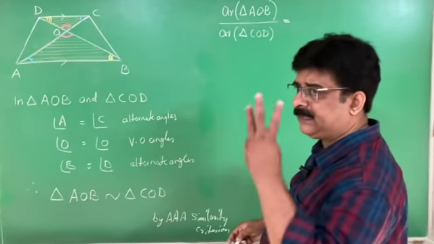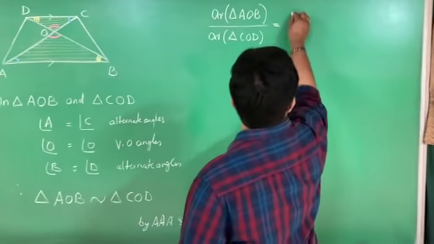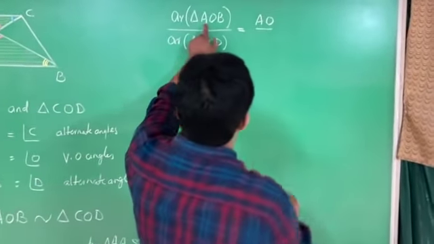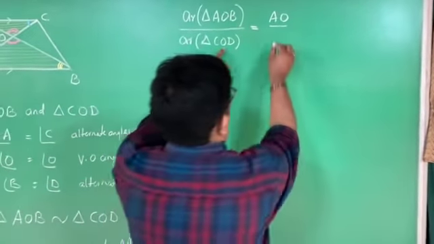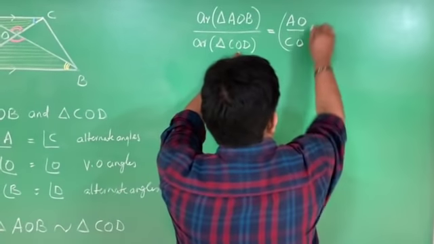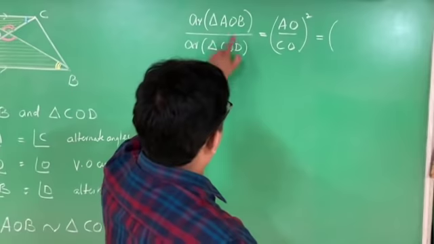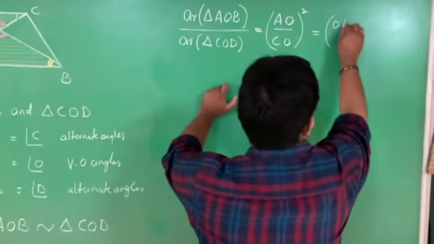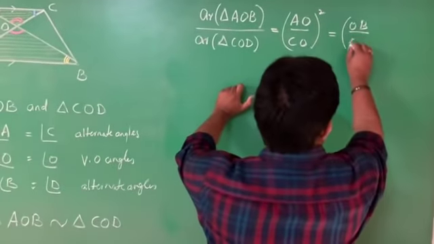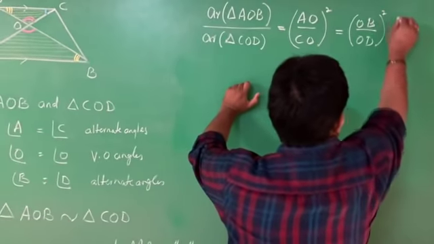There are three pairs of corresponding sides. One is AO, first two, AO by CO whole square. The next is second and third, that is OB by OD whole square.